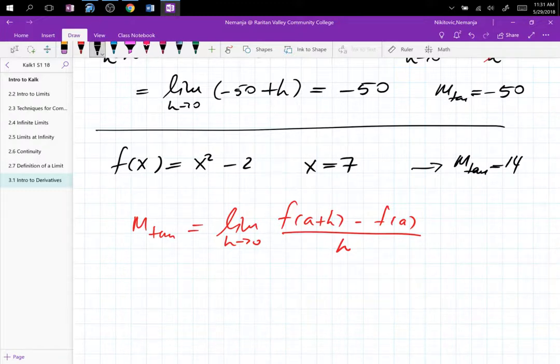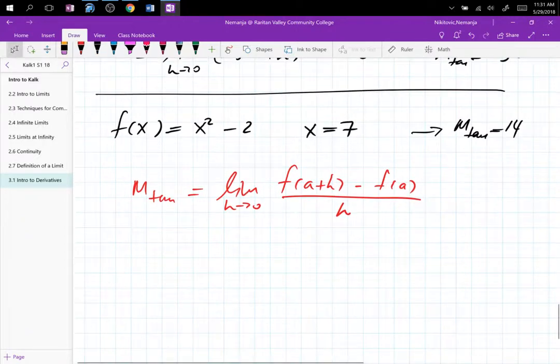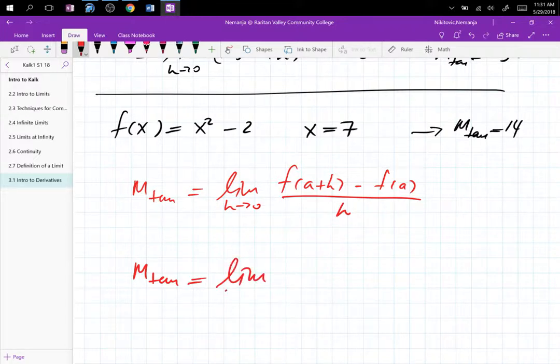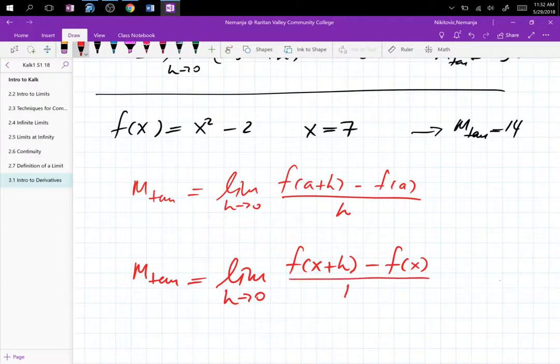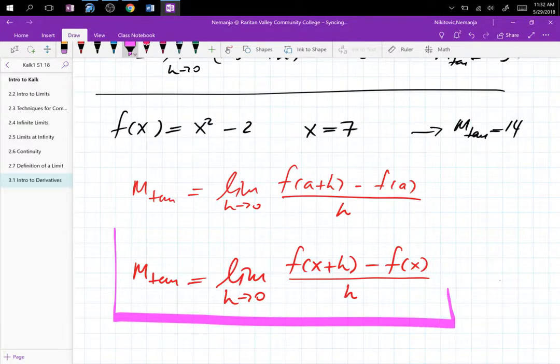So let me rewrite this m tangent as the limit of h goes to 0 of f of x plus h minus f of x divided by h, and put a big fat box around that.